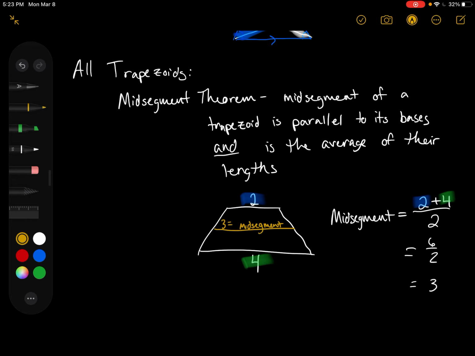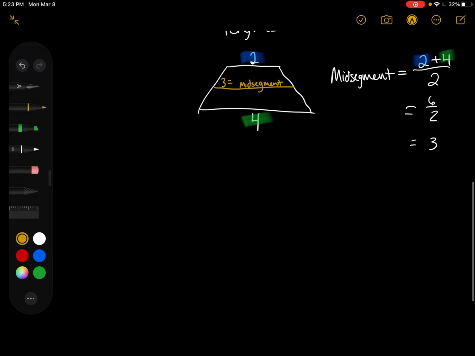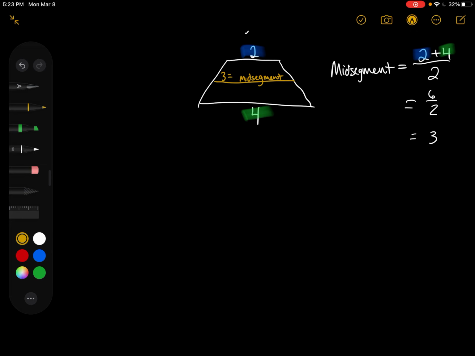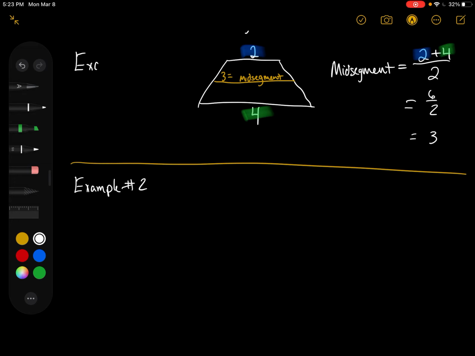All right, so based off of that, a few different things that we are going to see with these trapezoids. So you might have a question like a mid-segment calculation like we did above. Another type of question that I want you to be prepared for is solving for some unknowns. So I'll pull up another example here. So we'll call this mid-segment question example number 1.